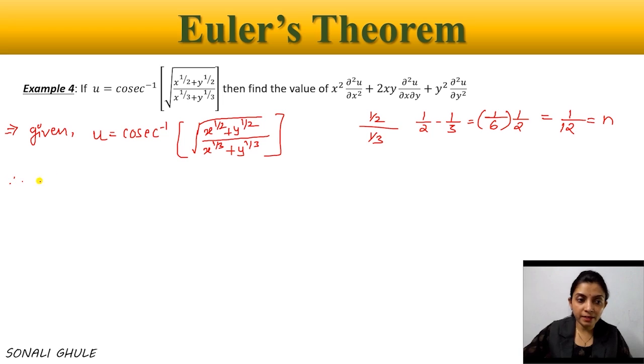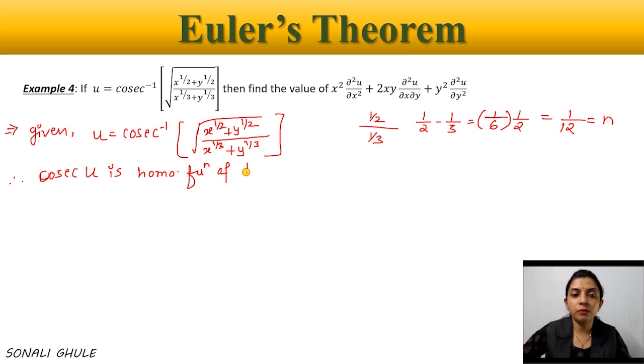So I can write, but not cosec inverse. Okay, cosec u is homogeneous here, not u is homogeneous. So I have to write cosec u is a homogeneous function of degree n equals 1 by 12.